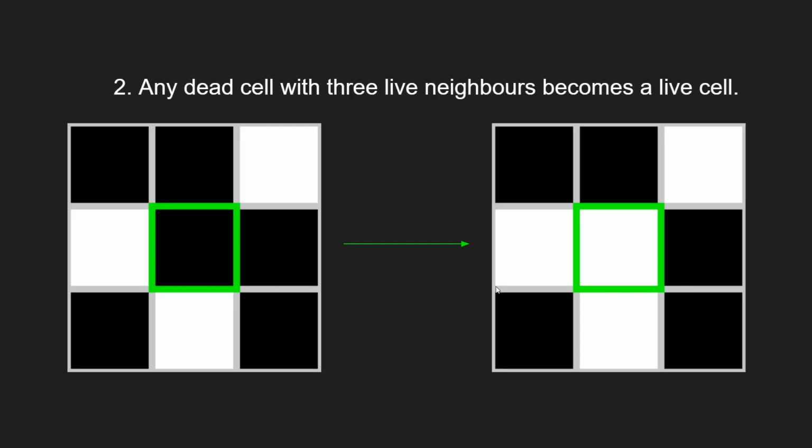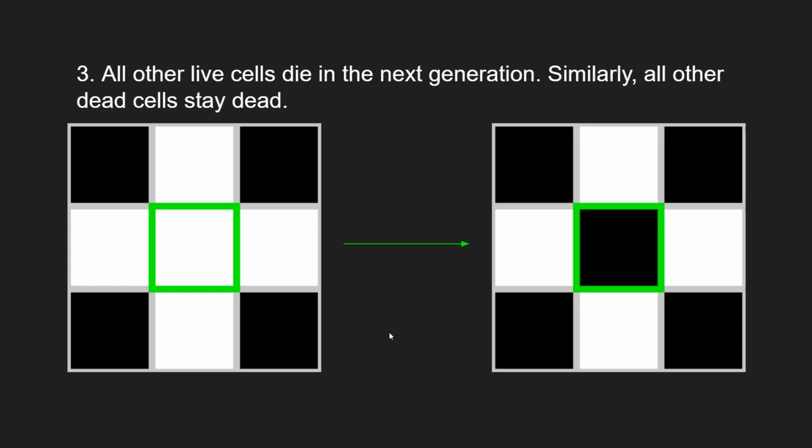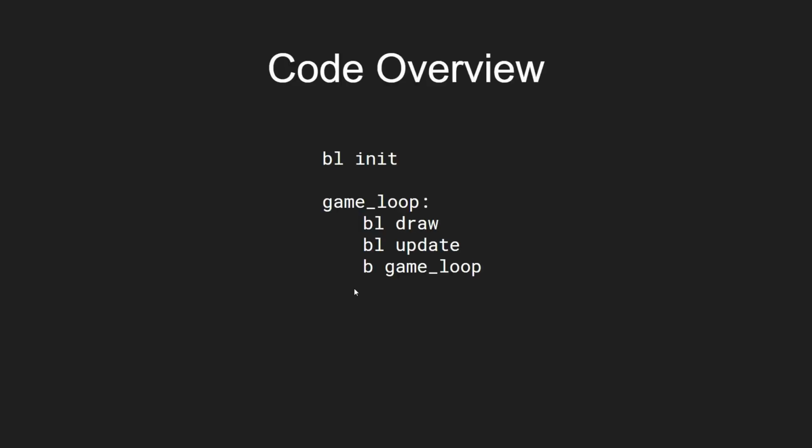Or any dead cell with 3 alive neighbors will become a live cell. For example, this middle cell will become a live cell since it has 3 alive neighbors. And the other rule is that all other live cells die in the next generation. Similarly, all other dead cells stay dead. So they will die in the other conditions.